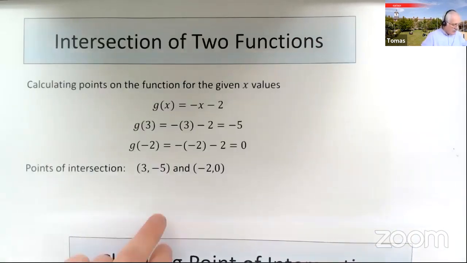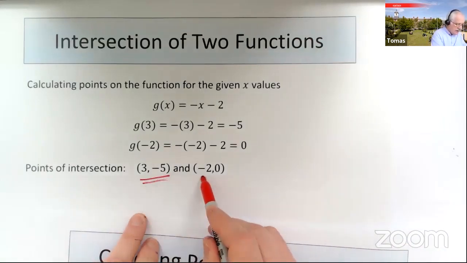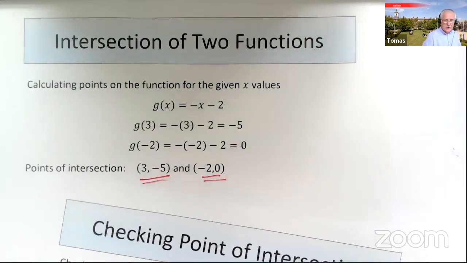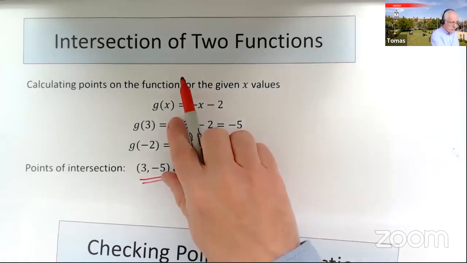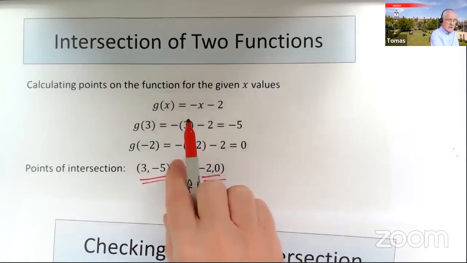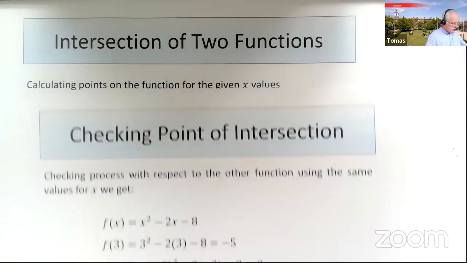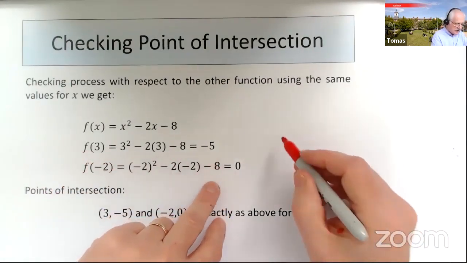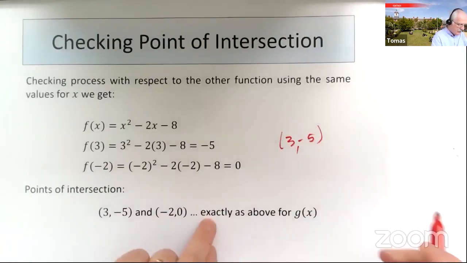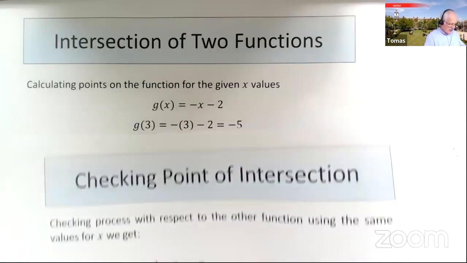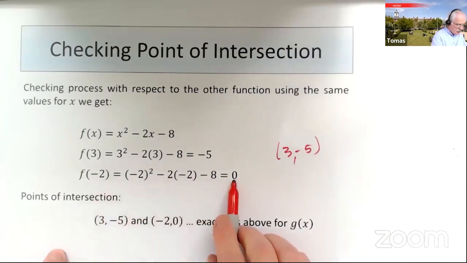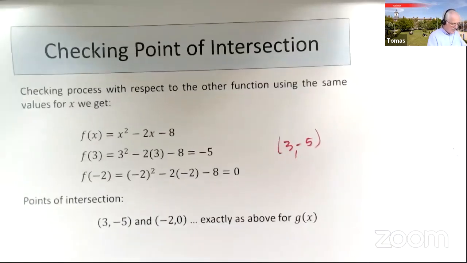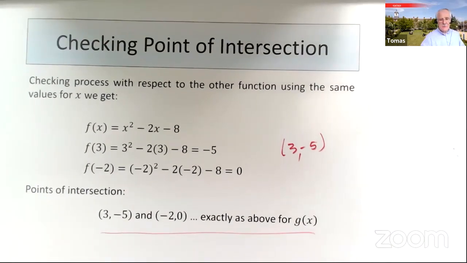I'm going to check that these values, 3 and minus 5, and minus 2 and 0, are also on the f one, because I know they're on the g and I'm saying they're on the intersection, but just to check, f of 3, I get minus 5. And f of minus 2, I get 0, the same again. So they're exactly the same for both.